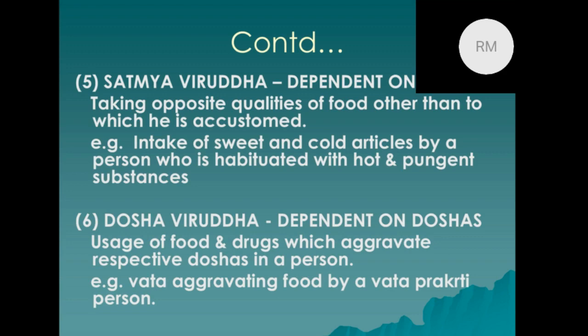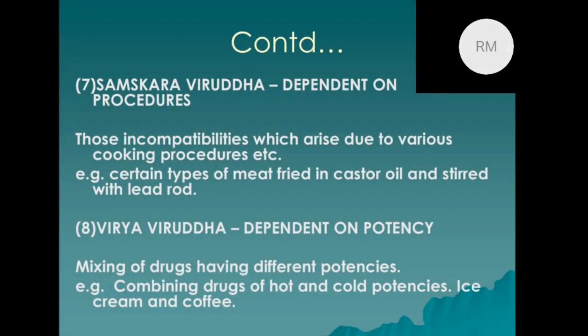Then comes the processing: foods becoming incompatible because of the methods of processing. Using certain metals, using certain vessels, frying oil too much or reheating the oil that you've already used.